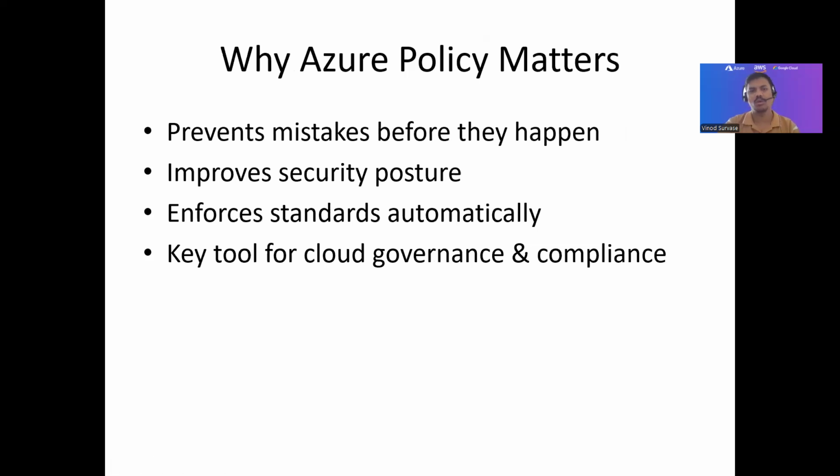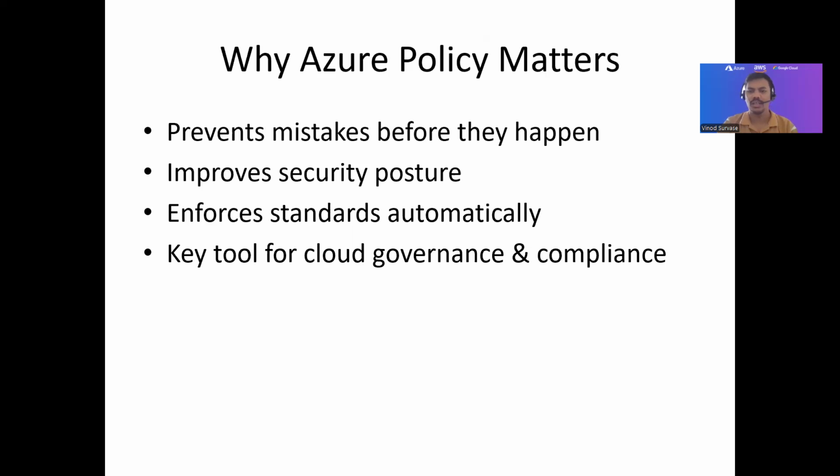Next one is why Azure Policy matters, right? You should be able to understand why it really matters and how we are going to use it. It is of course going to prevent mistakes before they happen, and that is why we are going to enforce Azure Policy guardrails.